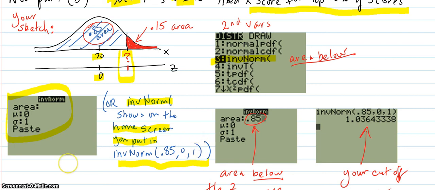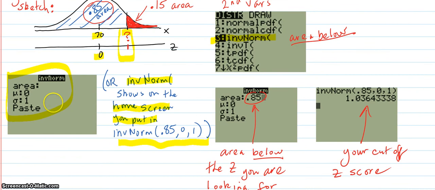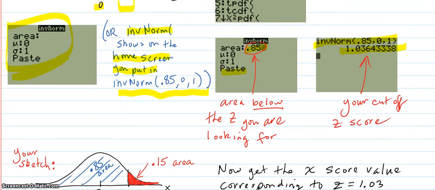If your calculator does give this menu, then you put in 0.85, the 0 and the 1 are already there, you arrow down to paste, and you enter it. In both cases, you're going to get 1.036.